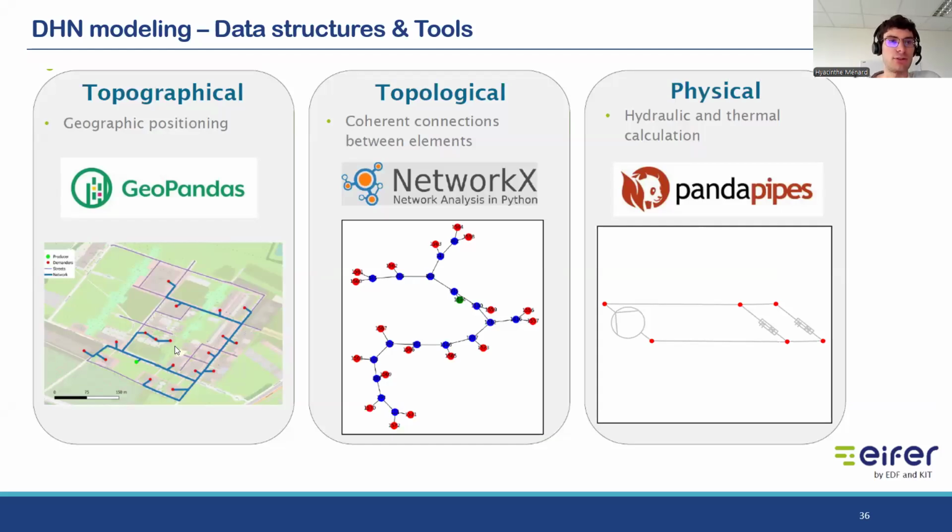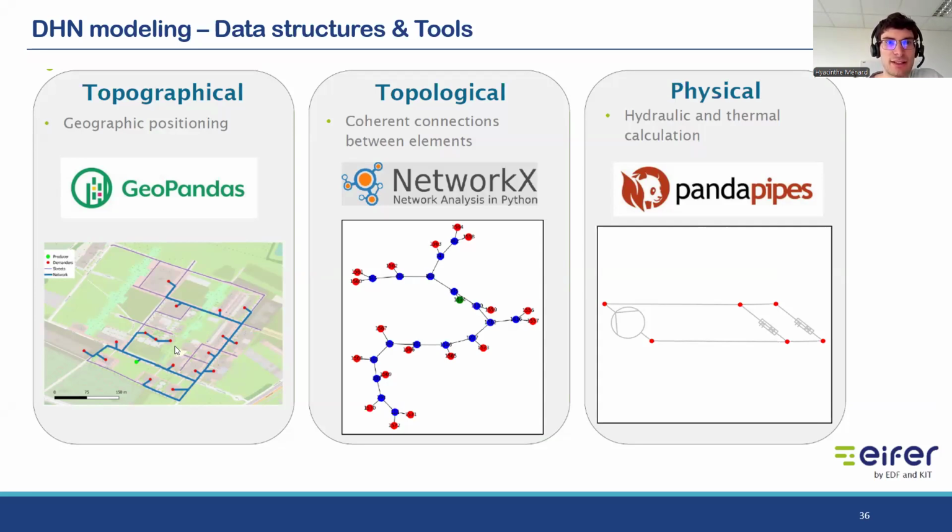I use GeoPandas, which can easily be converted from classical GIS software and formats, for example shapefiles or GeoPackages, into this format, which allows me in Python to have the list of all my pipes and the list of all the substations in the network, with some attributes that represent, for example, the power of the substations or the diameter of the pipes.